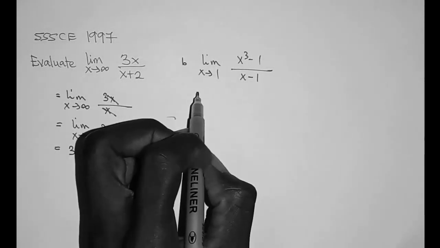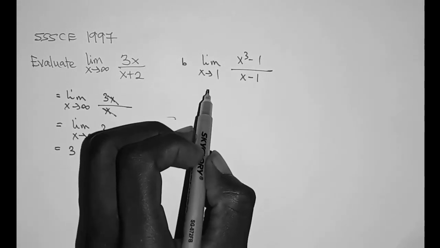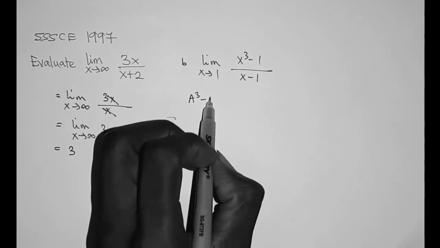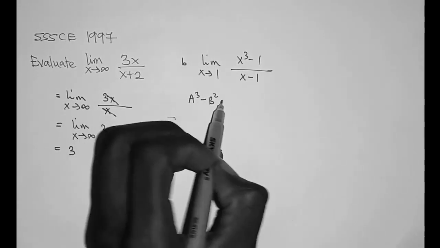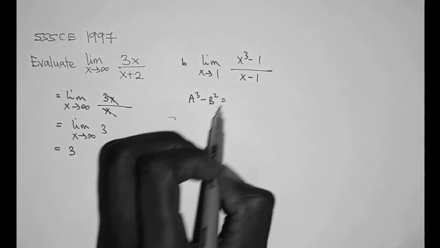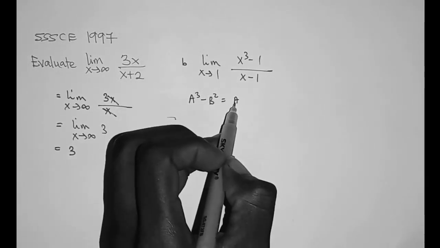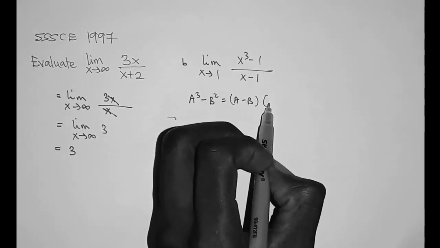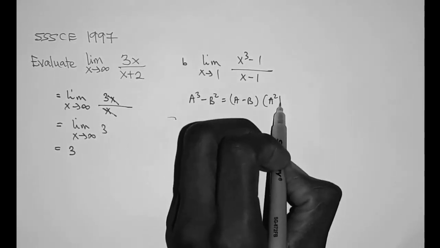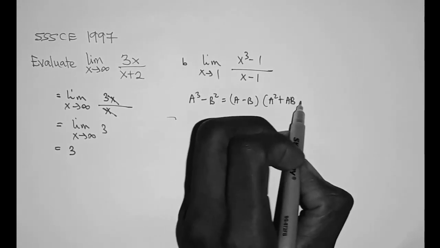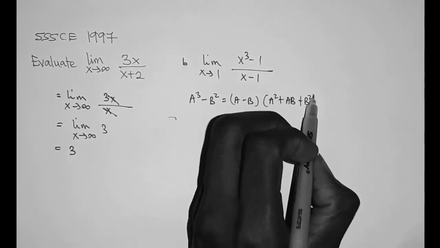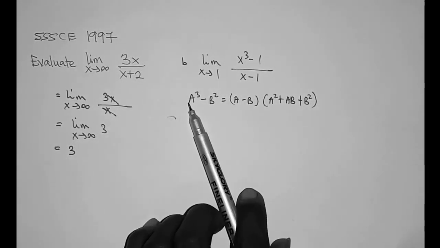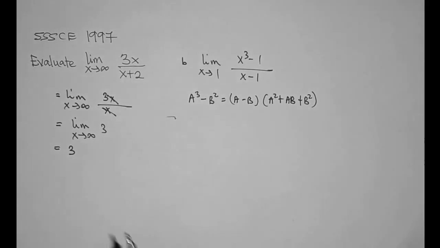Now, there is a certain formula for doing that. If you have a cubed minus b cubed, it is equal to a minus b in one bracket, times a squared plus ab plus b squared. So in this case, our a is x and our b is 1.